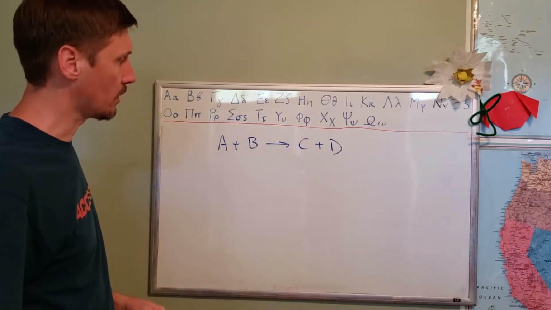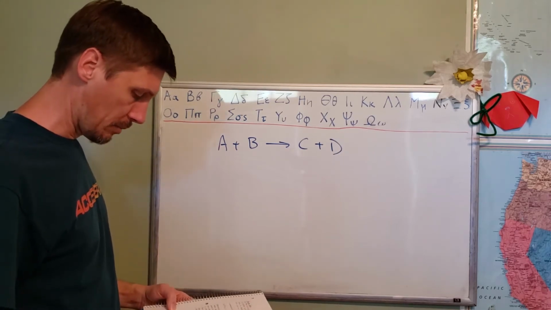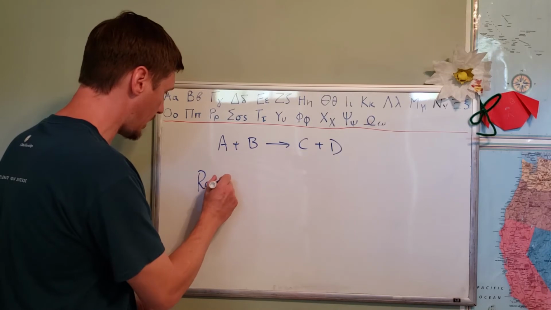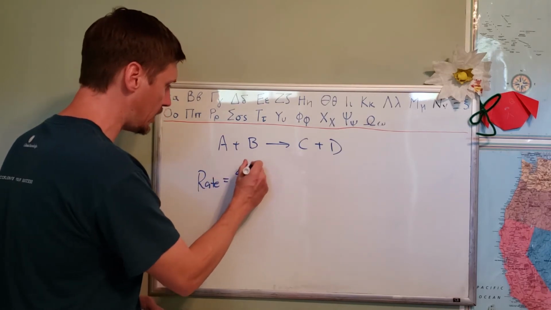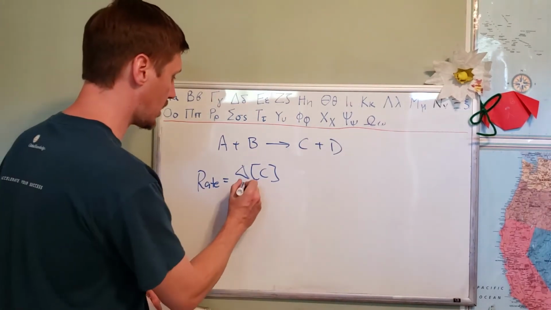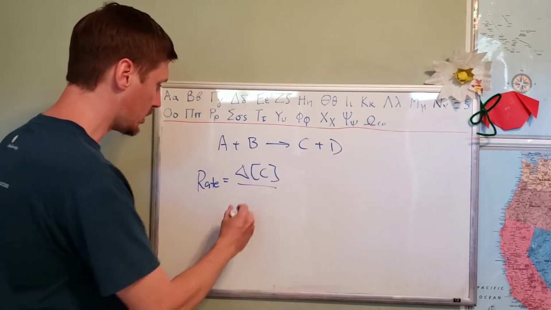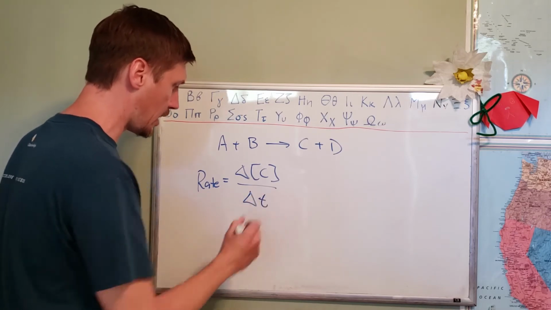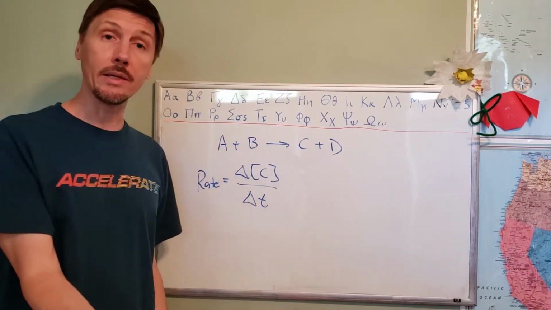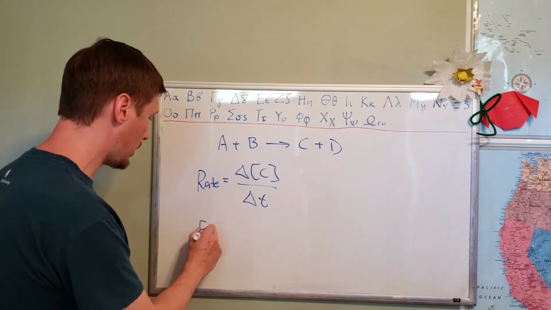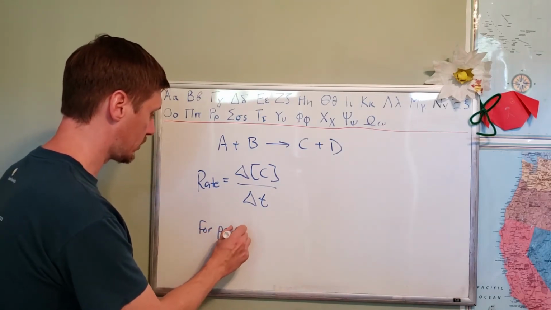It will give you the product C plus D. Then the rate of the reaction is going to be equal to the change in the concentration of C over the change in time. Remember, the square brackets mean the concentration of a substance. Now I picked C. I could have picked D. This is the rate equation for products.